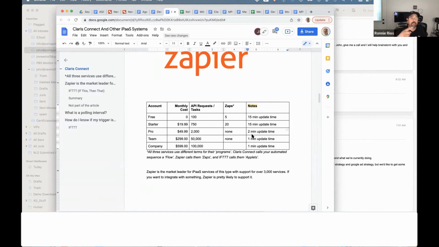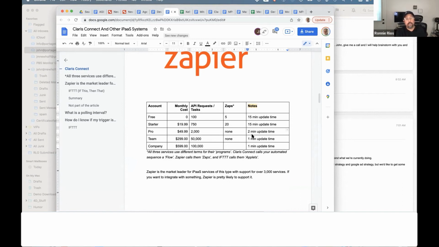It's just going back and forth, and that's what these numbers are: how frequently it asks the third-party app if there are any changes. The ones that say instant are based on webhooks, which is the opposite. You register a URL with a third party, and that third party sends Zapier a notification that an event has occurred. The majority of their triggers are polling. That's why they have a label for those that are instant, because those are fewer.